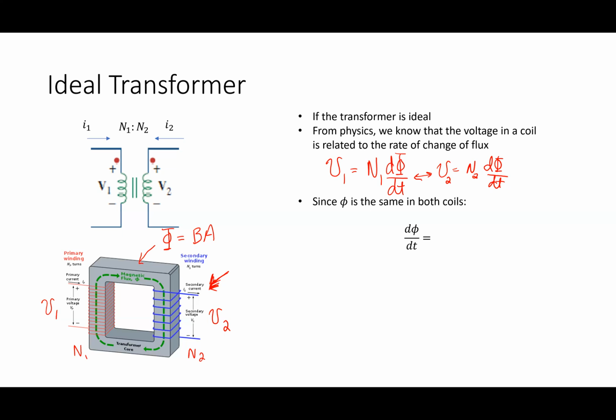So if I look at just the first equation, V1 equals N1 times d phi by dt, what is d phi by dt going to become? V1 over N1. Yeah, V1 over N1. If I do it for the other equation, V2 over N2, and then we've got our first relationship. What it says is that V1 over N1 equals V2 over N2. That's how I can relate these two things.